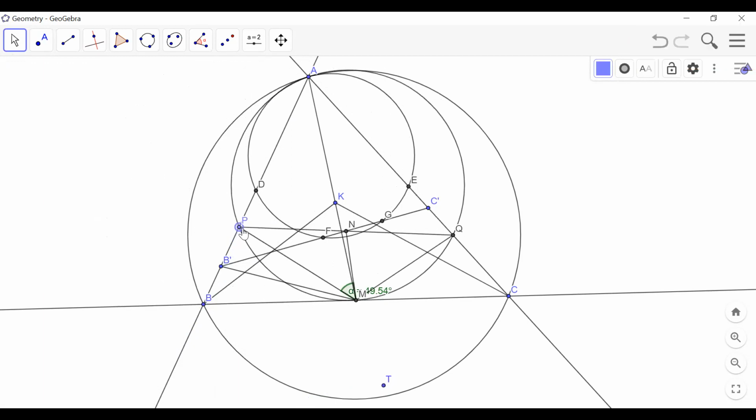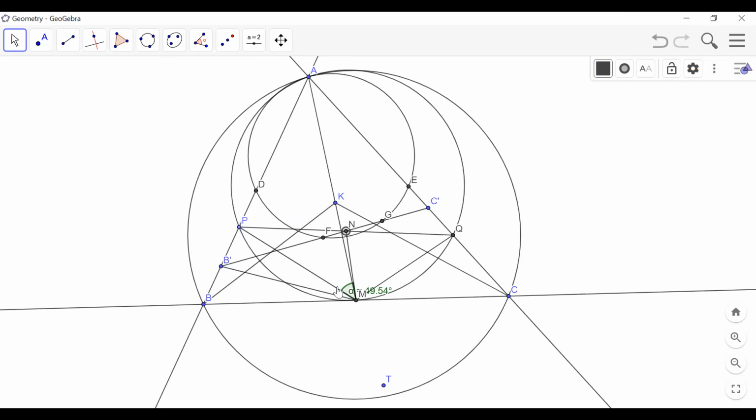Yes, sir. And here PMN is similar to triangle KMC. Sorry, why is that? Because we have that KBC is similar to MQP. And you take the midpoints. Correct.